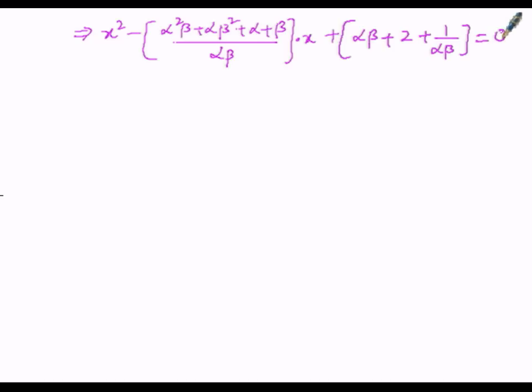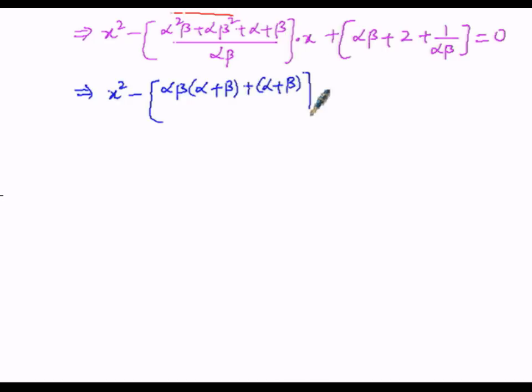So that implies x square minus, say among the first two terms I want to take alpha beta as common. When alpha beta is taken as common, out of two alphas, one alpha is taken as common, one more alpha is left over, beta is already taken out as common, plus alpha beta square, alpha is already taken out, so out of two betas, one beta is taken out as common, one more beta is left over, plus alpha plus beta must be written within the bracket.